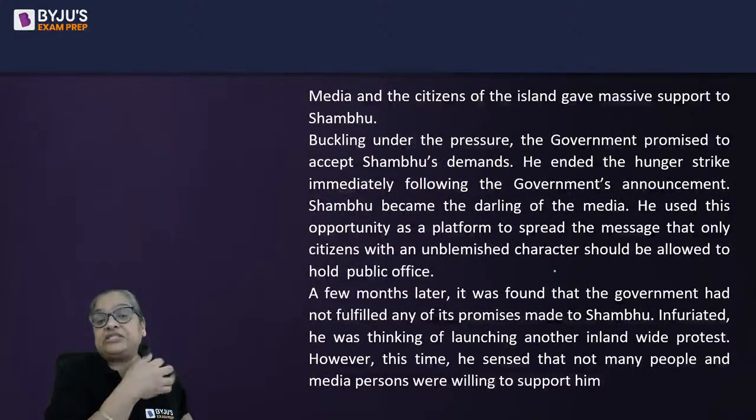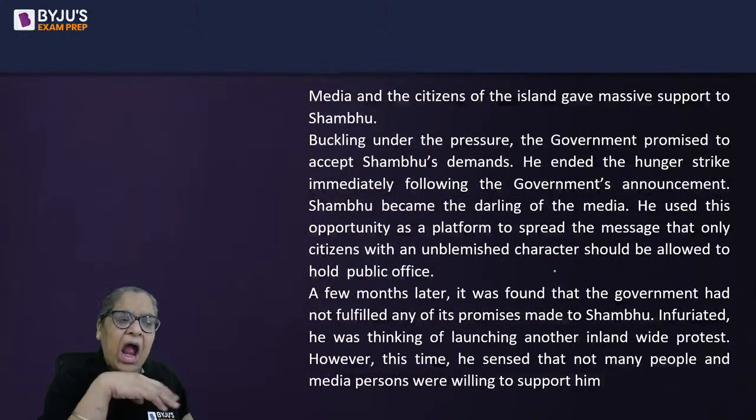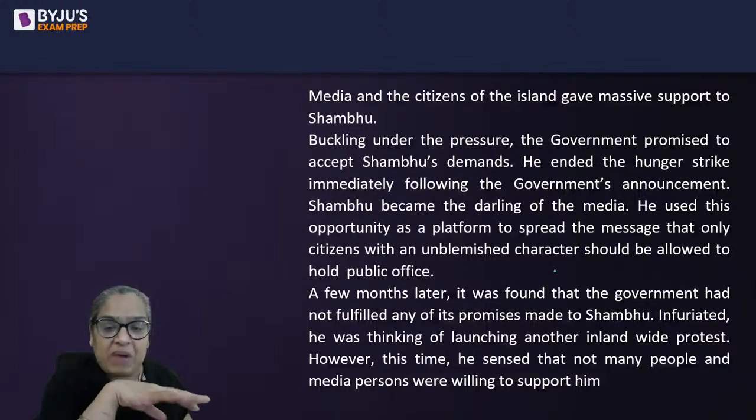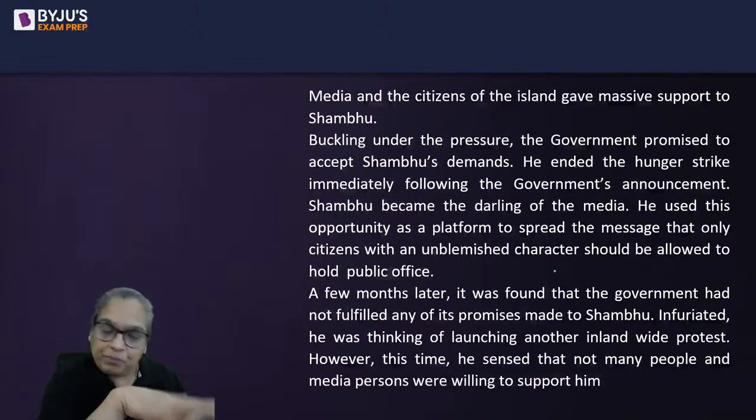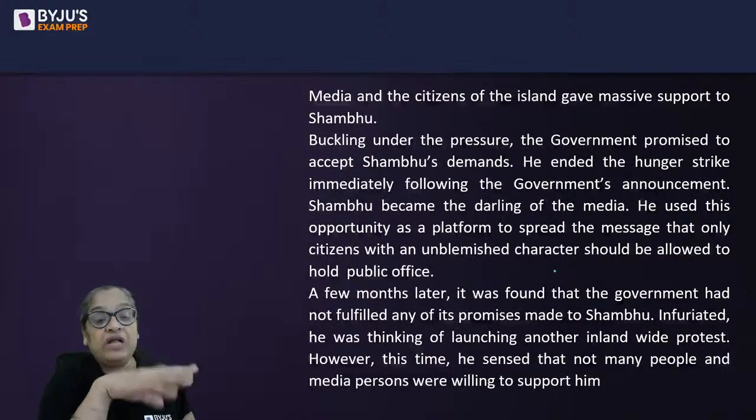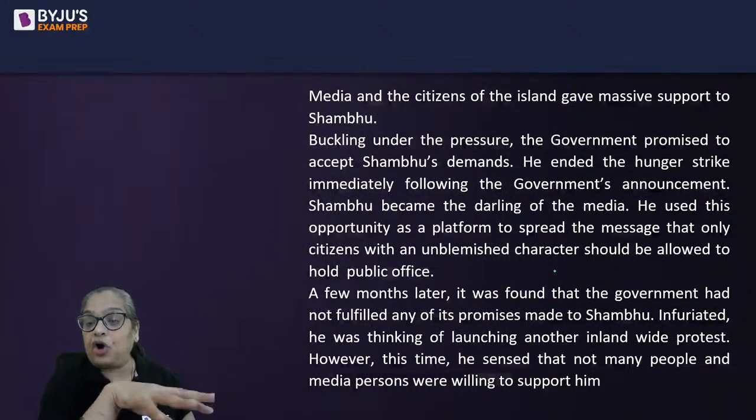Against this background, there is one person, an illiterate, unmarried, poor guy called Shambhu, who decides to protest against this. He goes on a hunger strike and he gets massive support from the islanders. Buckling under the pressure when they see the kind of support Shambhu is getting from the media and the citizens, the government tells Shambhu, you stop your hunger strike, we will accept your demands.